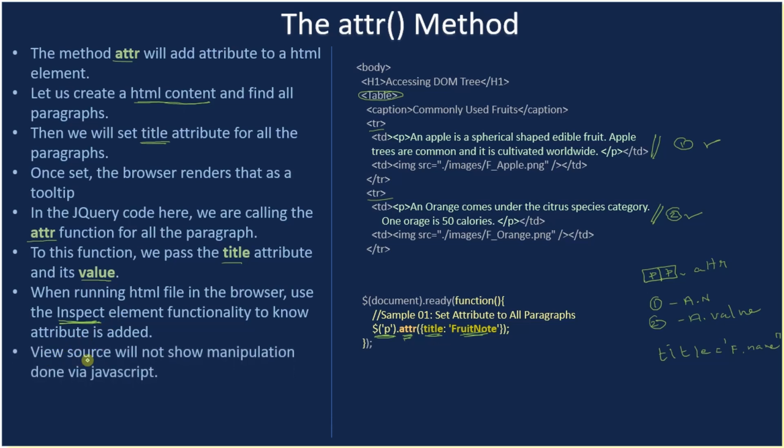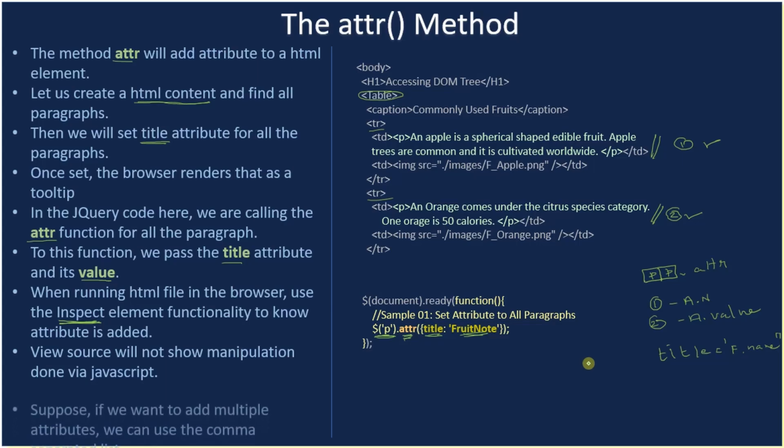We cannot use view source because it will not show the DOM manipulation done via JavaScript. That's done dynamically, and view source shows only static content. So we have to go for inspect element, and using it we can see all the manipulation done by the JavaScript code.